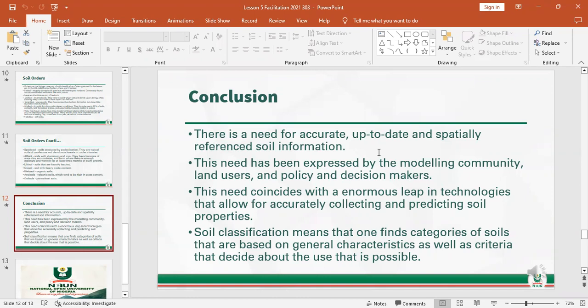So soil classification means that one finds categories of soil based on general characteristics as well as criteria that decide what use is possible.